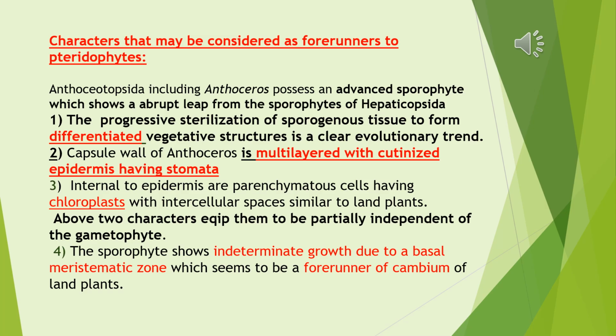The above two characters equip them to be partially independent of the gametophyte. Now the fourth character: the sporophyte shows indeterminate growth due to a basal meristematic zone, which seems to be a forerunner of the cambium of land plants.